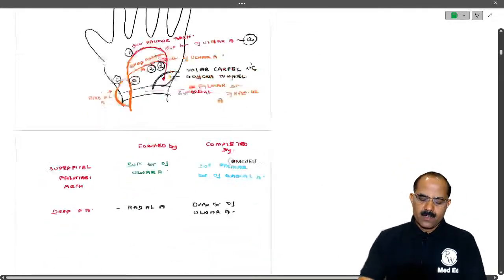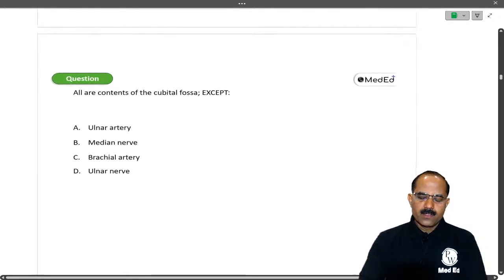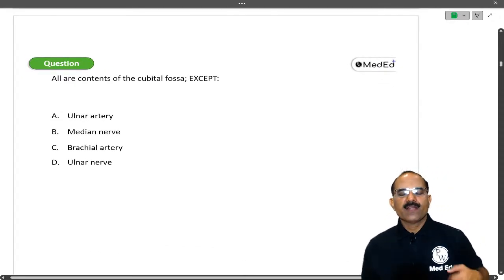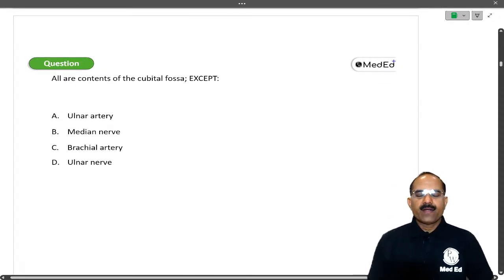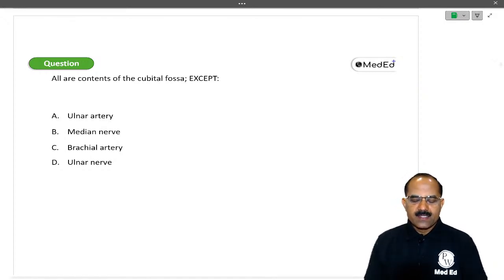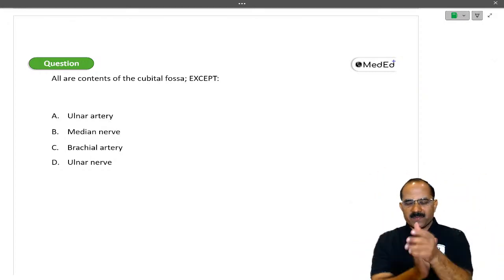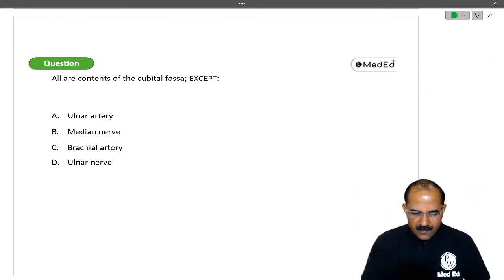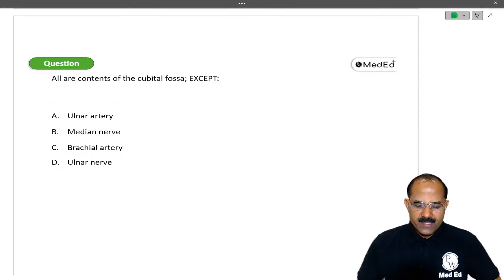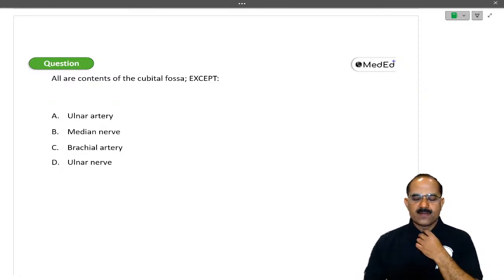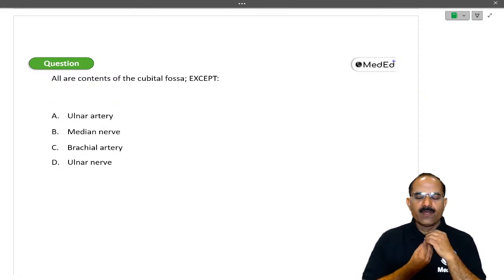Okay, let's answer this. Can anyone answer this? All are contents of cubital fossa except. Easy MCQ.